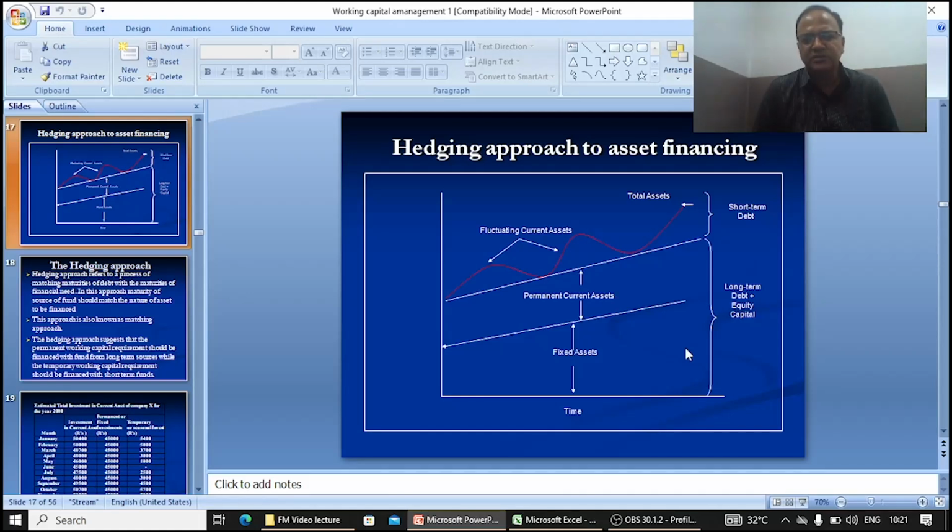Hedging approach says fixed asset and permanent current asset, meaning permanent working capital, should be financed by long-term debt and equity, and the organization should use short-term debt for fluctuating current assets only. This is hedging approach.